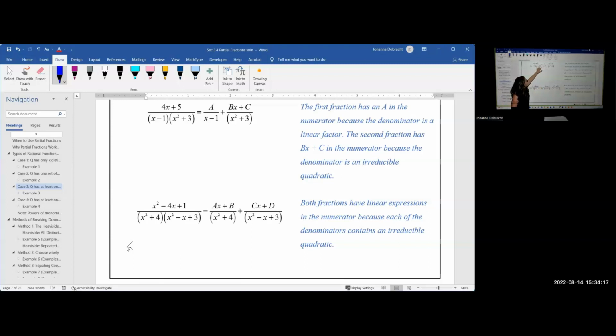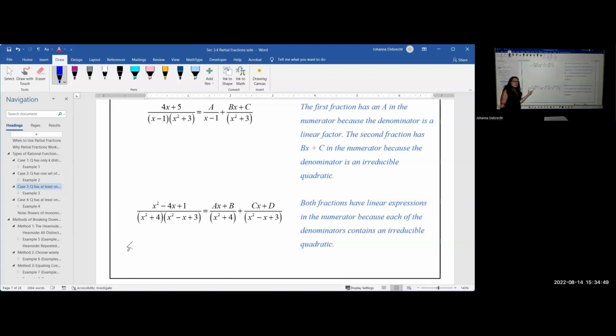And we need one term with the irreducible quadratic factor x squared plus 3. Now what needs to be in the numerator? x minus 1 is linear, so the numerator has to be a constant, degree 0, so it's going to be A. x squared plus 3 is quadratic, so the numerator has to be linear, 1 degree less, uppercase Bx plus uppercase C, right?